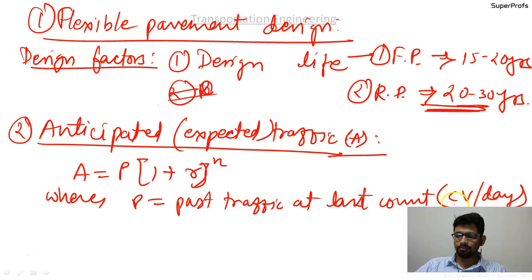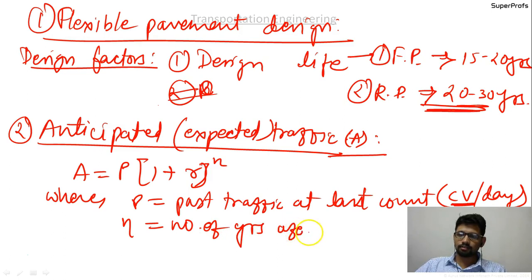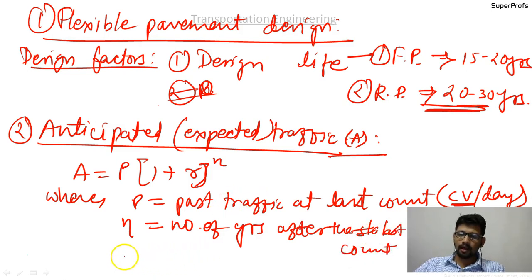In pavement design we consider the commercial vehicles per day; I'll discuss what a commercial vehicle is. n is the number of years after the last count, and R is the growth rate.